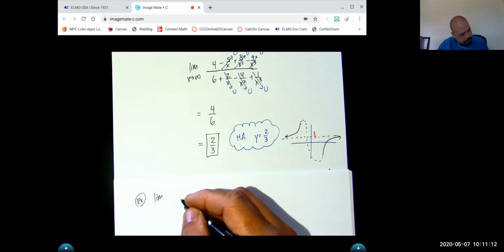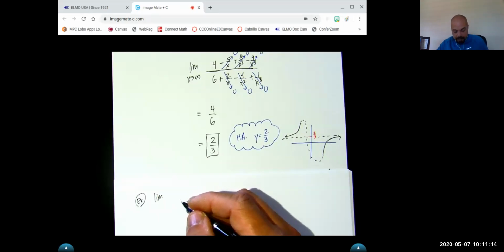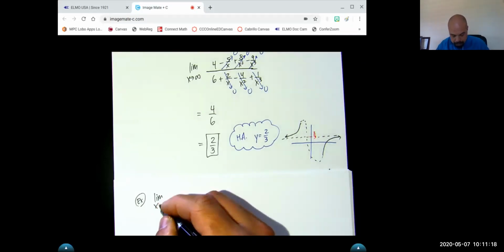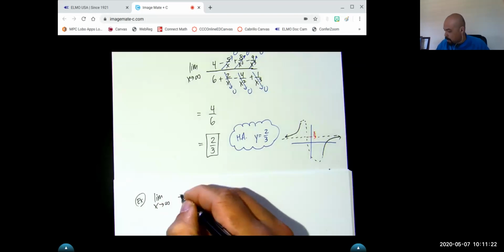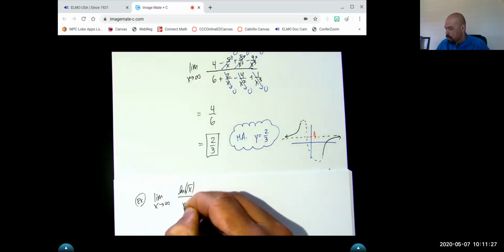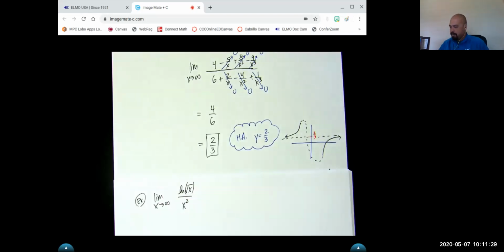What if I take this limit as x goes to infinity of the natural log of the square root of x, over x squared? So again, taking another limit at infinity.